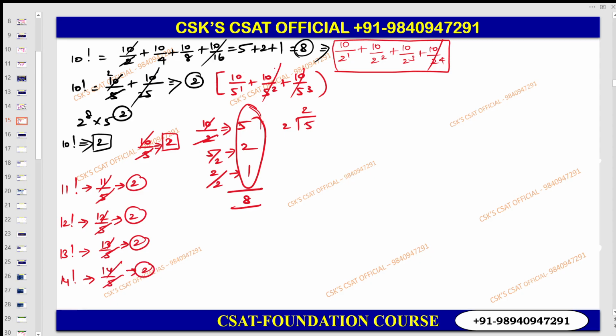So the number of zeros from 11 factorial to 14 factorial is equal to what? 10 factorial gives 2, 11 factorial 2, 12 factorial 2, 13 factorial 2, 14 factorial 2. So 10 such zeros will be there.